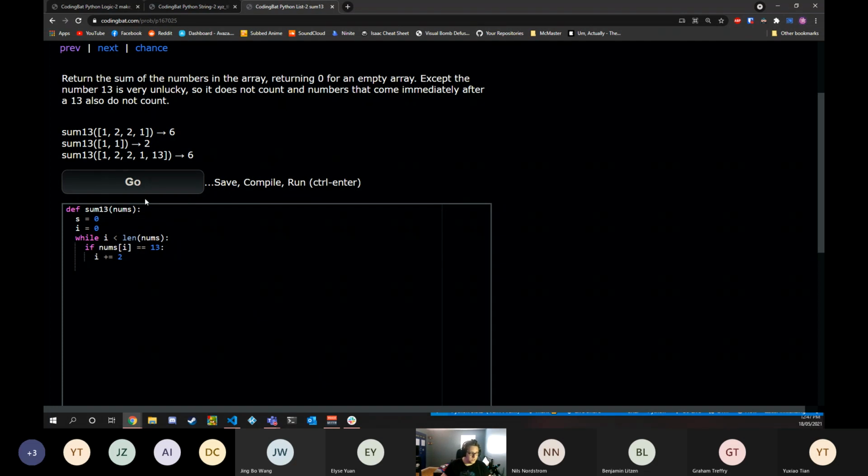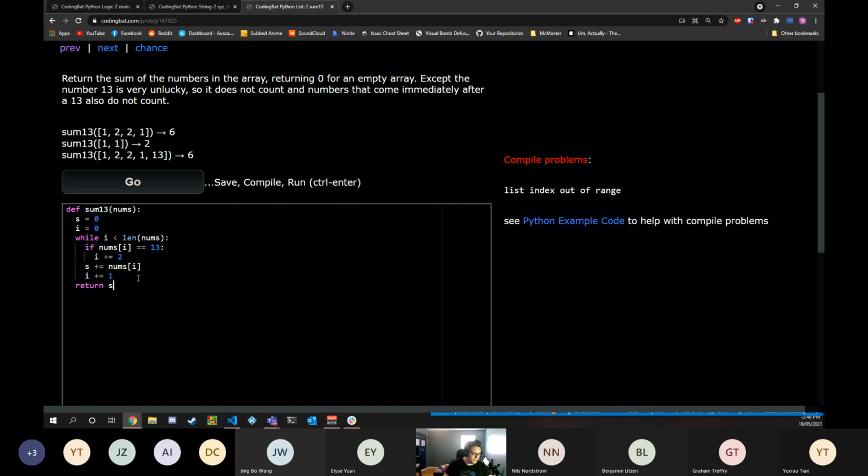I don't care. The reason I do plus equals 2 is because if this was 13, then this number 2 should also be ignored. If it was 13, 2, 2, 1, these two numbers don't count, these two do. So in the else statement, I will add nums at I to the sum and do I plus equals 1. And I should just be able to return the sum.